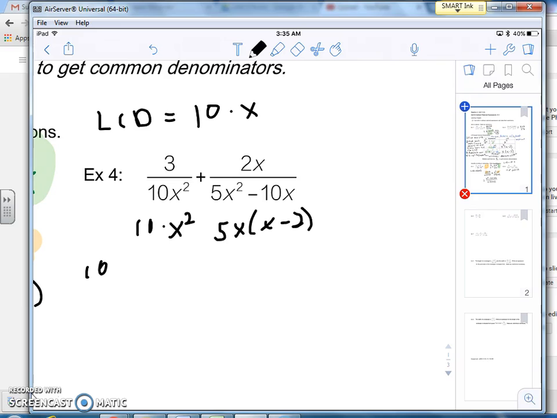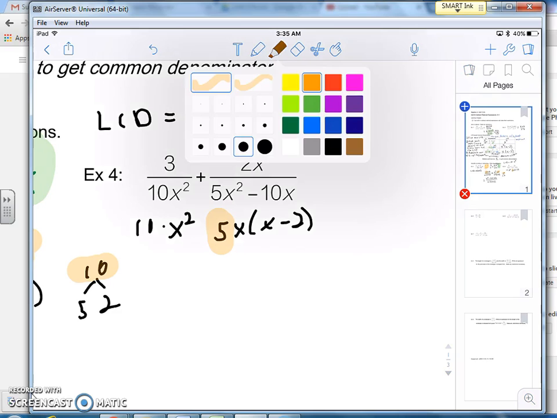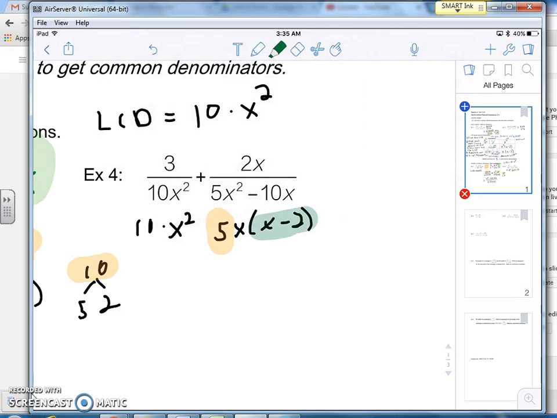Now 10 has a factor of 5 and 2, so this 5 here is contained within the 10. So it's actually not unique, it's in the 10, so we're going to have 10 as our LCD. We're going to have x with its highest exponent, so x squared as a part of our LCD. And the last factor is this x minus 2, which is going to be part of our LCD. So our LCD is 10x squared times x minus 2.